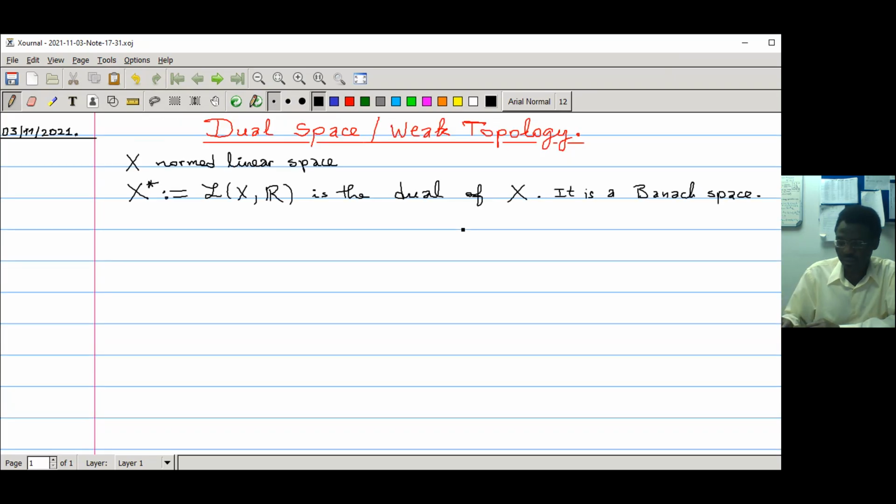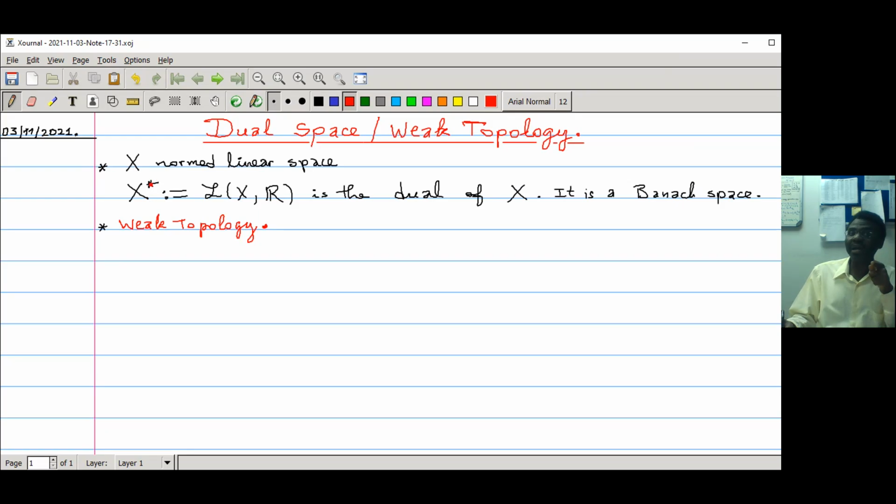Now, the next thing we are going to talk about is the topology. Now, the good thing is that when you have a normed space, you have the first topology, which is called the strong topology, right?